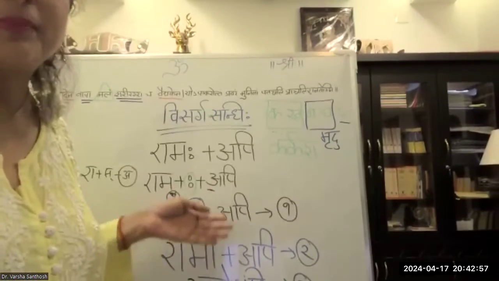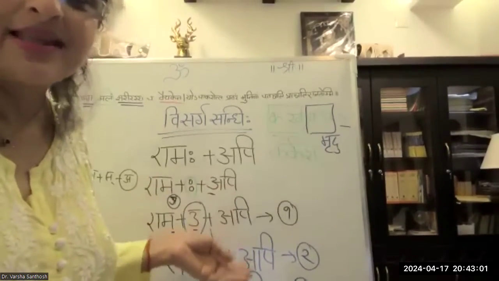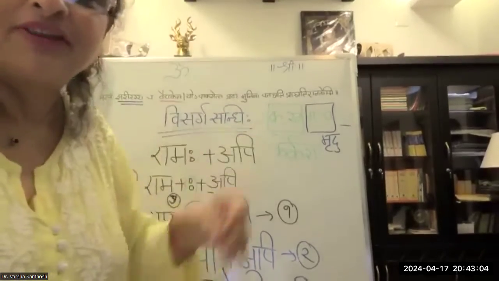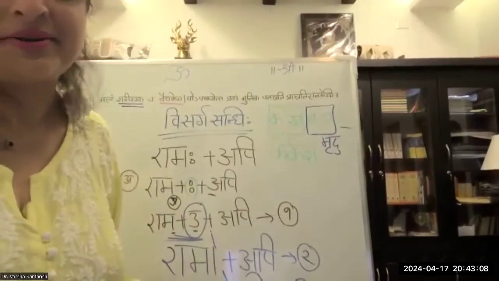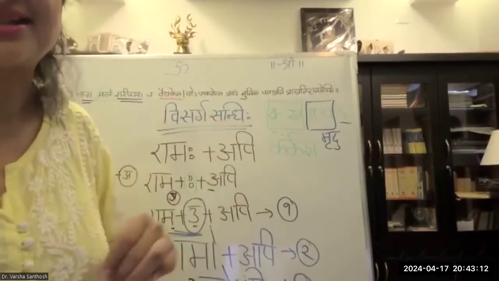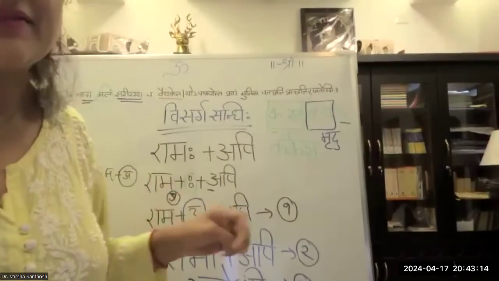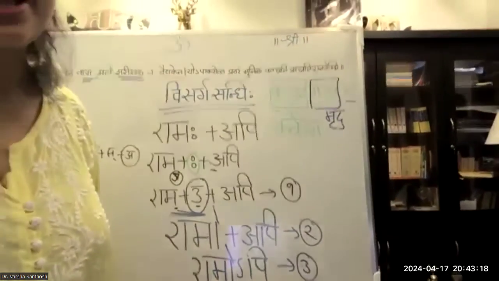It became Ramo plus Api. But when this Api is there, we are fulfilling Purva Rupa's criteria. So Purva Rupa also happened. So 3 Sandhis took place one after another, and we got the final version like this. Lataji, are you clear now?